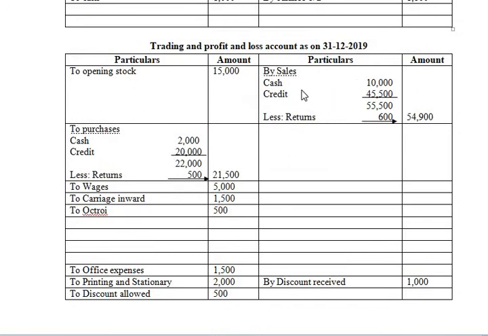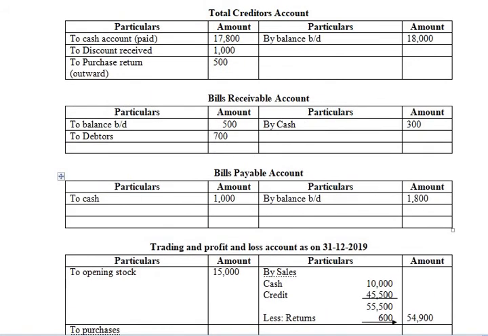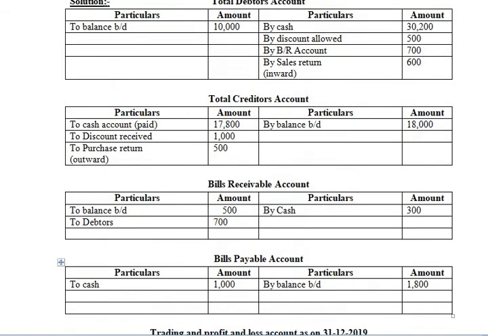So here is the entry for sales return: one entry of 600 rupees in the trading account, and another entry of 600 will come to the debtors account. To sales return, by sales return 600 rupees.